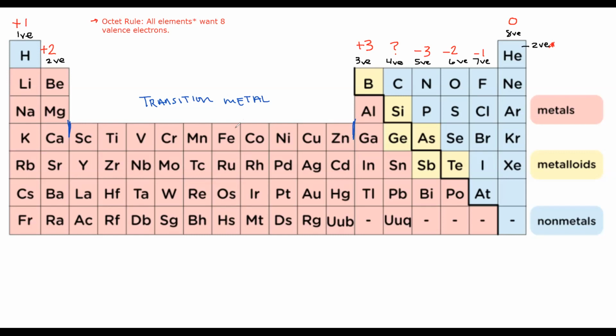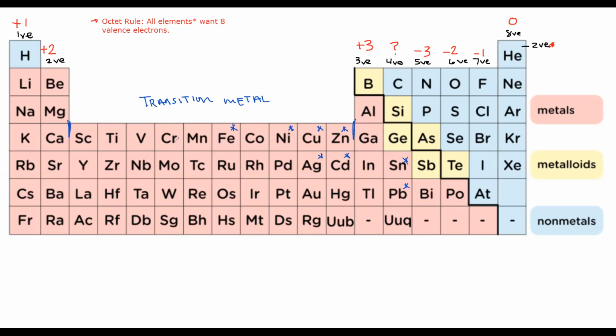So we are going to focus on a few specific transition metals. We're going to look at iron, nickel, copper, zinc, cadmium, and silver. And we are also going to look at tin and lead.